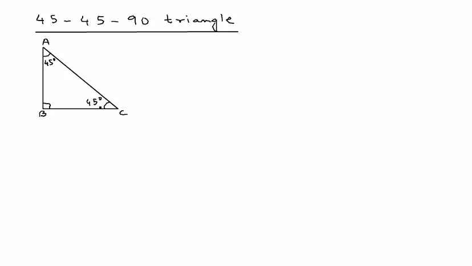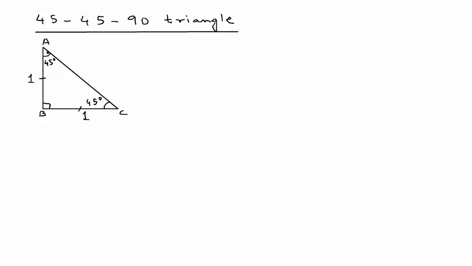Now these two angles being congruent, you know this triangle is not only a right angle triangle, it's also an isosceles triangle, and these two side lengths AB and BC are the same. That's the property of an isosceles triangle, right? I hope you know that. Let's assume that this length AB is 1 unit long, and therefore BC will also be 1 unit long.